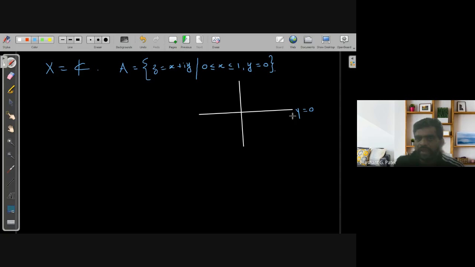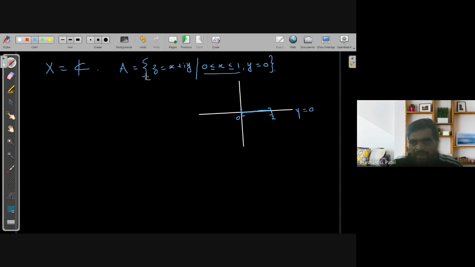This is the line y equal to 0. And your x is between 0 and 1, so x is from 0 to 1.